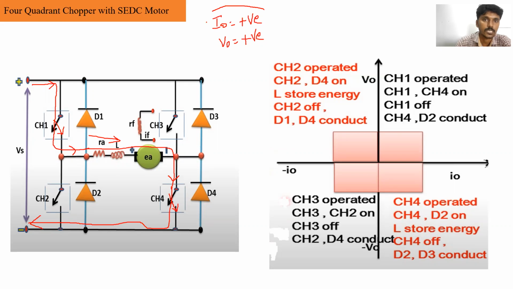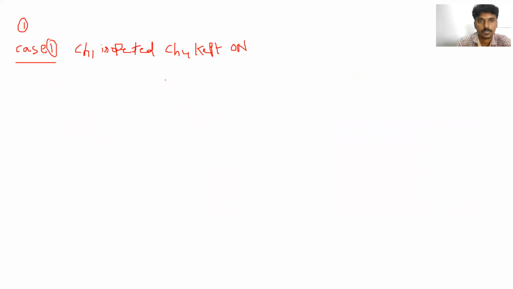So output current is positive and output voltage is positive. In which quadrant will it operate? V0, I0.